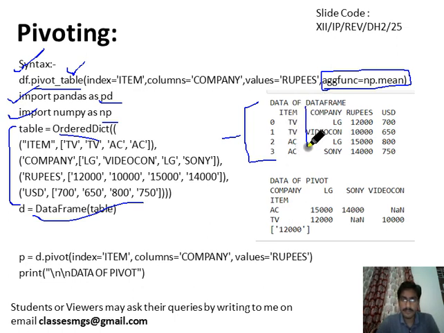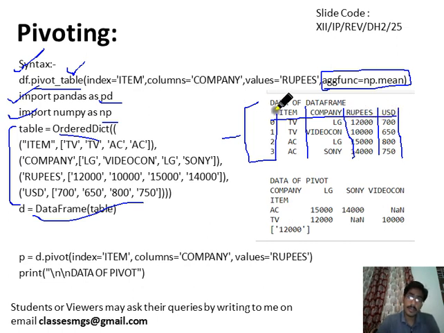The item column, the company column, the rupees column and the USD column are there, and the row index is 0, 1, 2, 3 and the column index is item, company, rupees and USD.